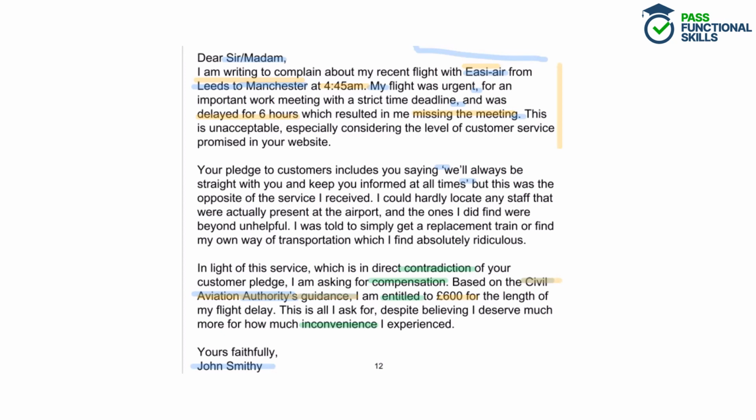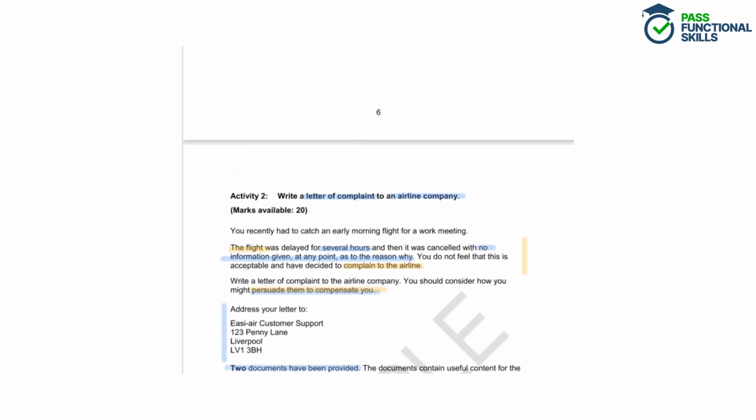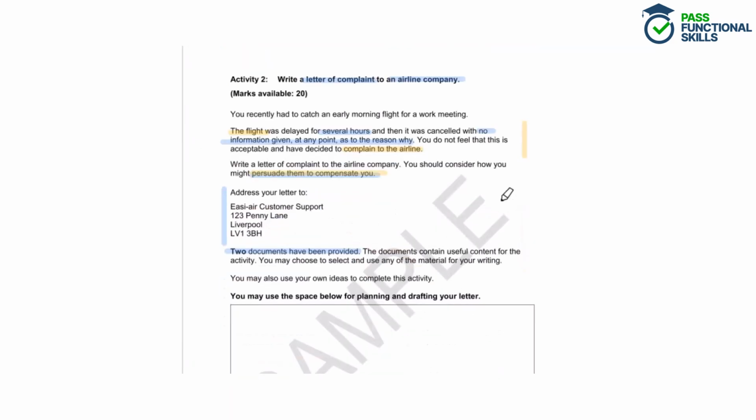Next, let's take a look at how the answer has been formatted and organised. So, to organise your answer effectively and use the correct formatting, you need to know the text type that you've been asked to write. So one of the first things you should identify in the question is the text type. And we've been told that we need to write a letter of complaint, and we need to address our letter to this address here.